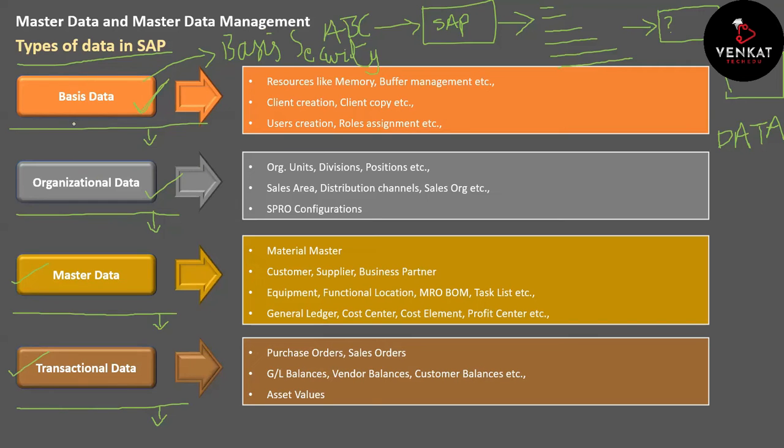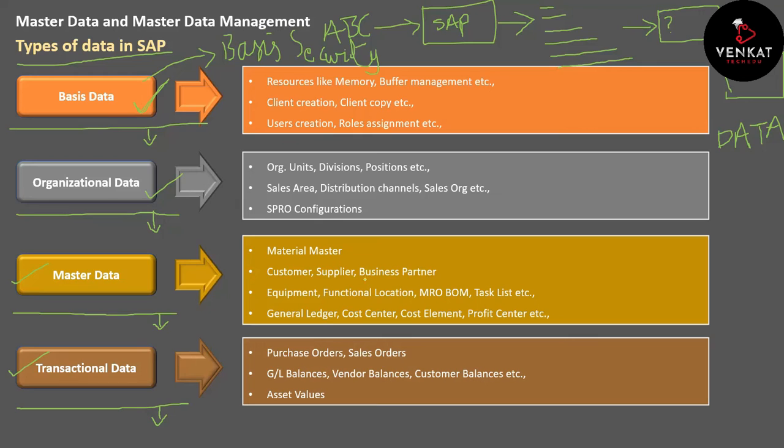If you ignore basis data, where can you do all this setup? If you don't have the system itself, where can you do all these things? If you don't have organizational data, and you want to create a material master and extend it to some particular plant, if the plant is not configured as part of organizational data, how can you create a material for a plant?